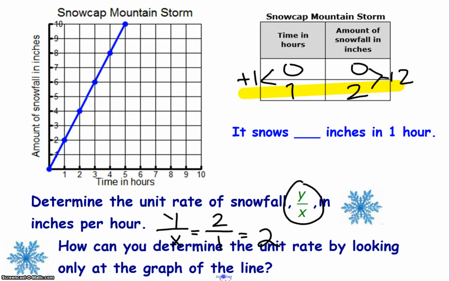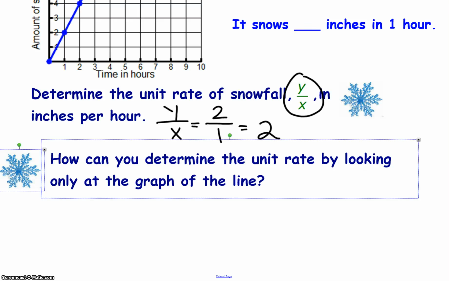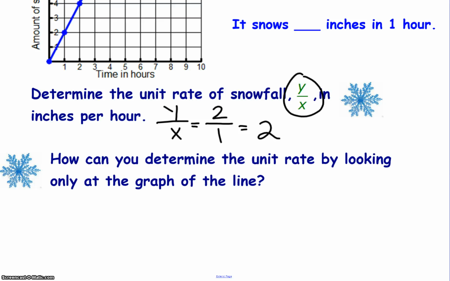And it says, how can you determine the unit rate by looking only at the graph of the line? Well, to answer that question, you know your x has to be 1. So you would go to 1 and then follow it up to where it hits a dot, and you know it's 2.